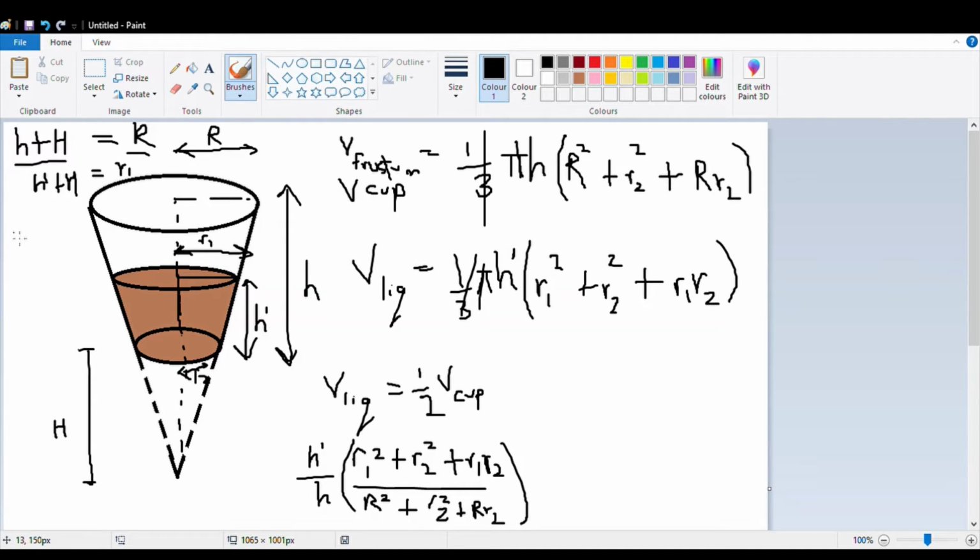And we also have h dash by h. Now h dash plus h by h is equal to R1 by R2.